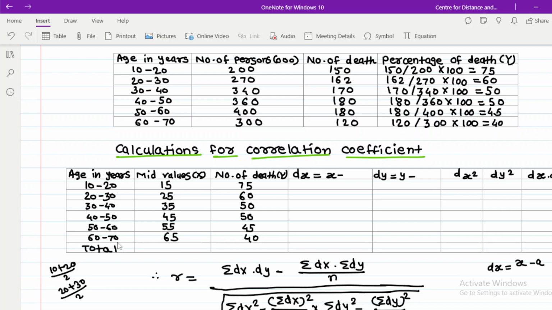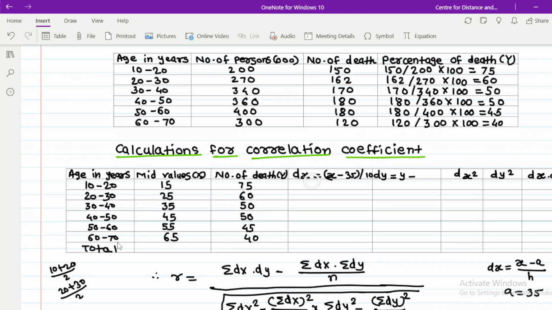Here we have to calculate dx, that is, dx is equal to x minus a divided by h. A is any constant. Here I am putting the value of a as 35. So x minus 35 divided by h, that is, 20 minus 10, so the value of h is 10.